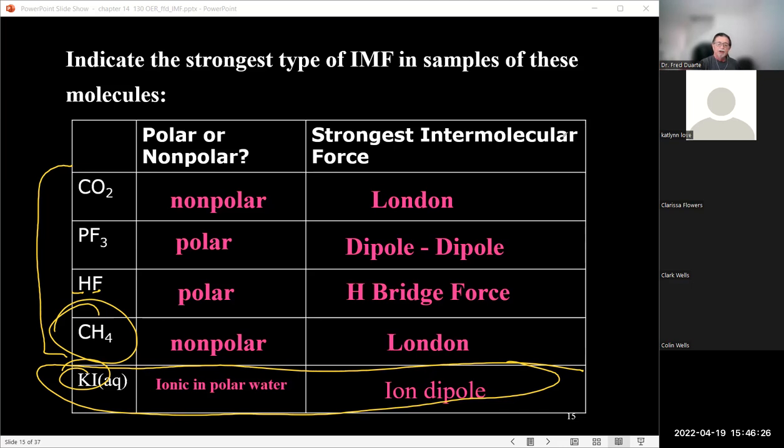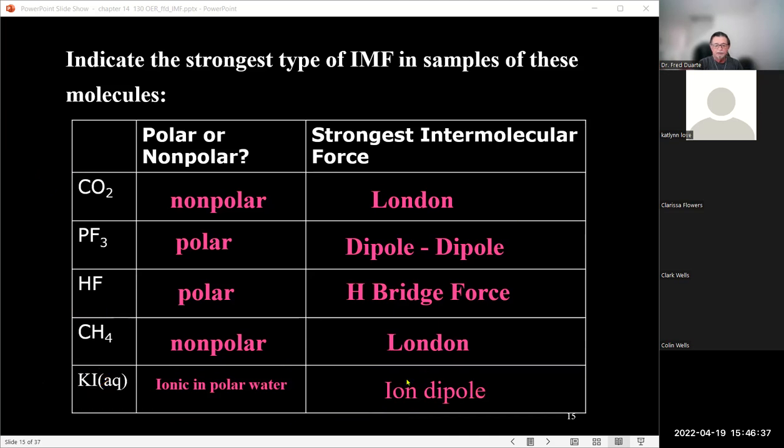Now with this information, we can extrapolate some physical properties and say that, excluding the last one, the one with the weakest force would have the lowest boiling point.